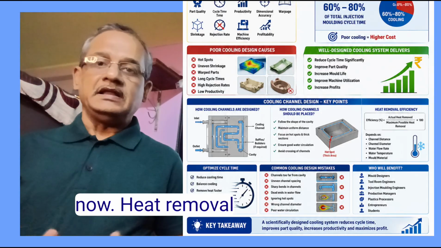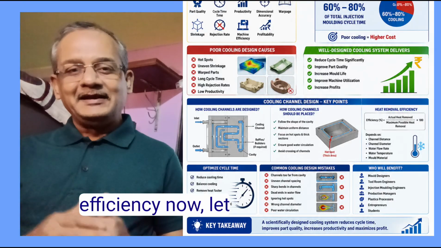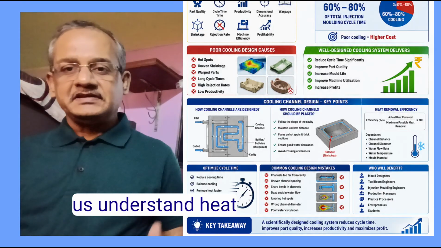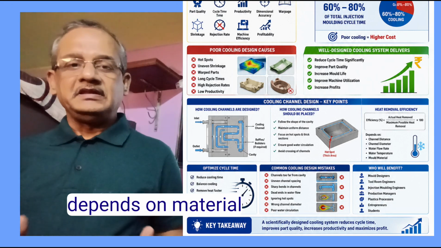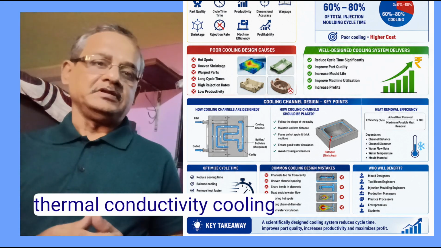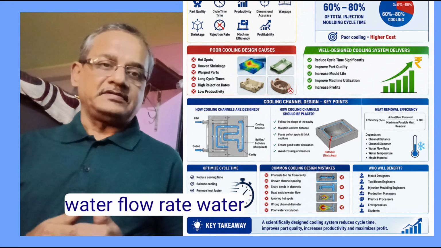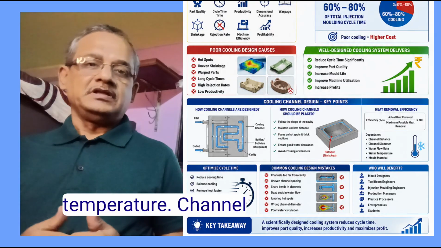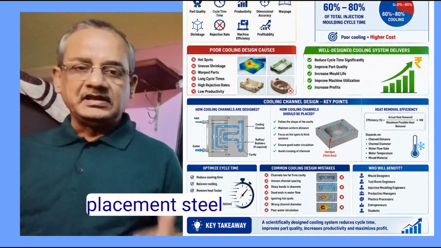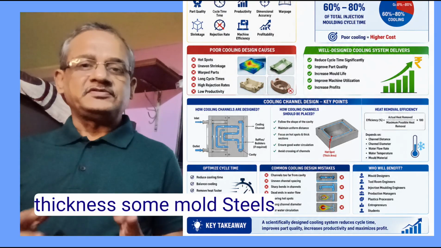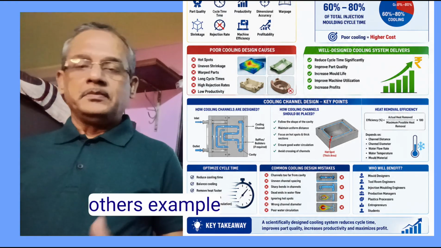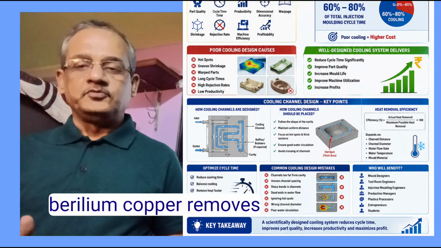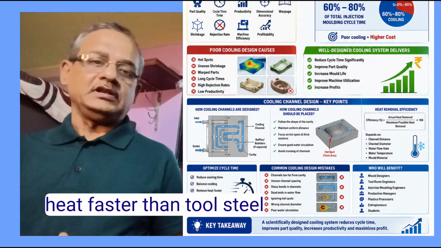Now, heat removal efficiency. Let us understand heat removal. Heat removal depends on material thermal conductivity, cooling water flow rate, water temperature, channel placement, and steel thickness. Some mold materials conduct heat better than others. Example: beryllium copper removes heat faster than tool steel.